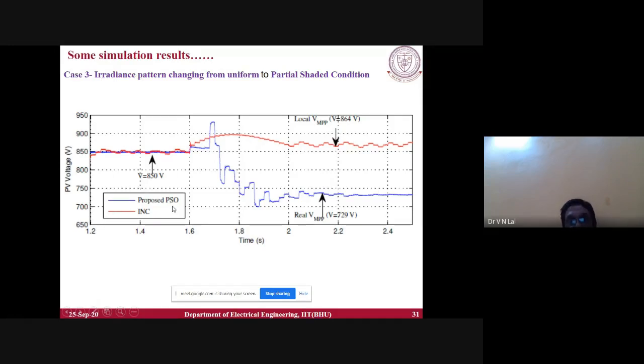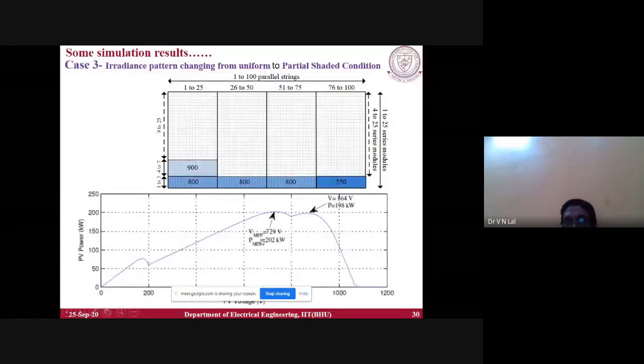Both are compared, already settled at t equal to 1.6. Irradiance is changed and the new partial shaded condition comes into the picture. So both will try to track. Both will start from 850 volt.